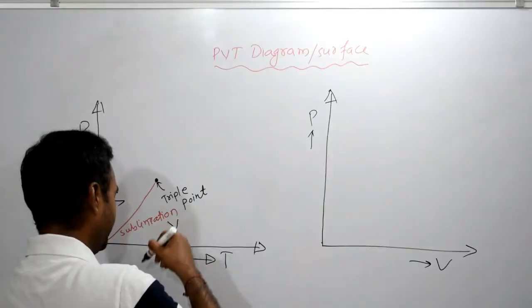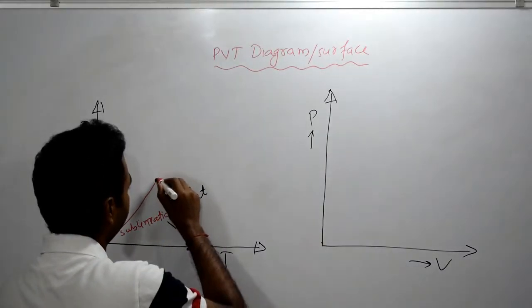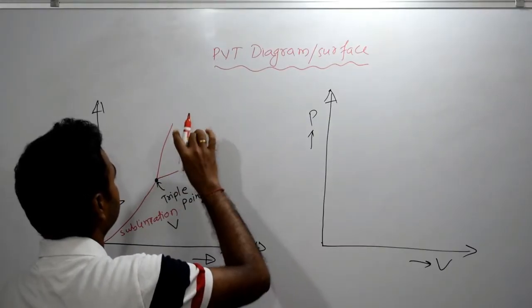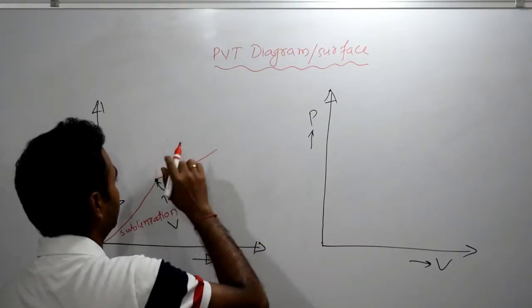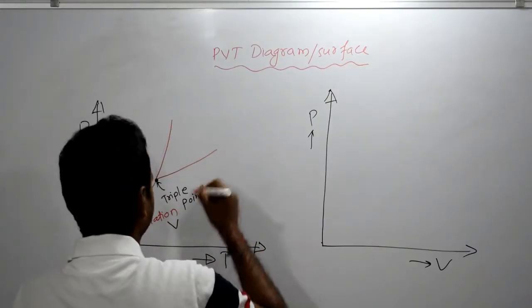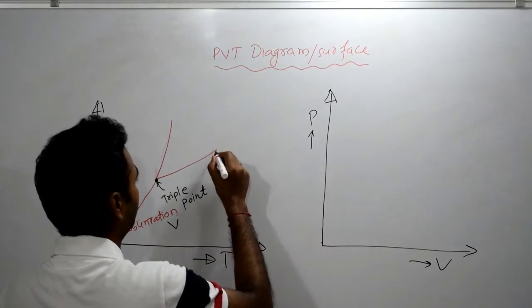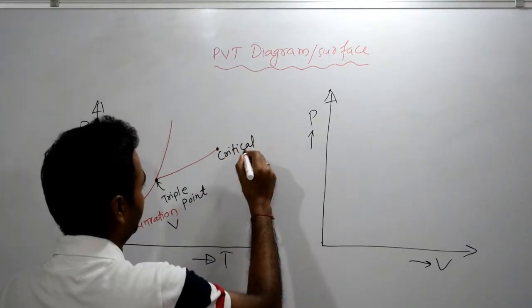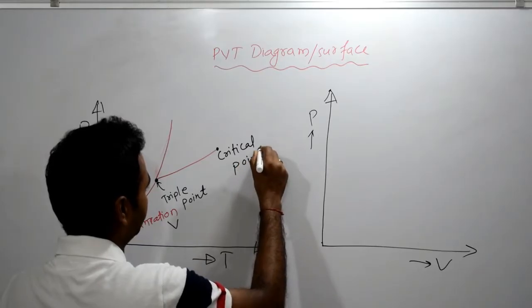Now from the triple point we have a few more lines. This would be like this, right? And we have one more point as well. This is the critical point.